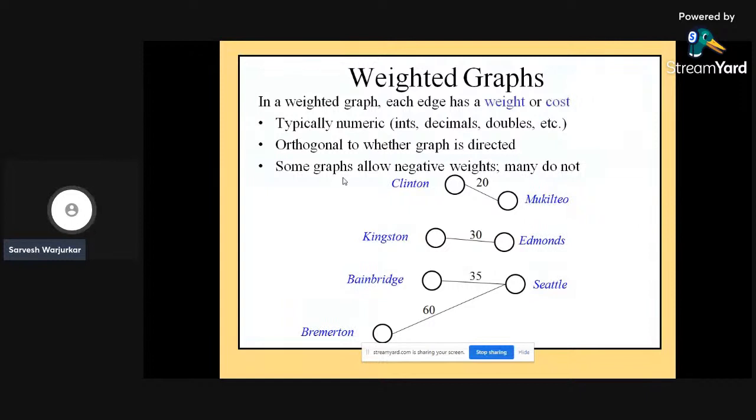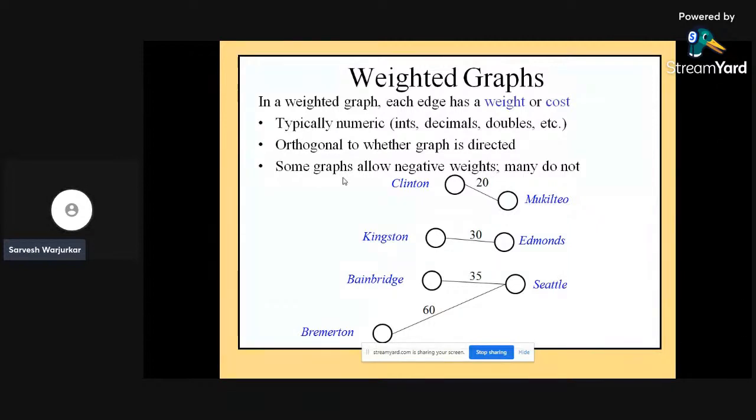Then there is one more terminology which we frequently use: edge. An edge represents a path between two vertices. In the following example, say Clinton and Mukilteo are connected with the help of one edge, and that edge has the value 20.